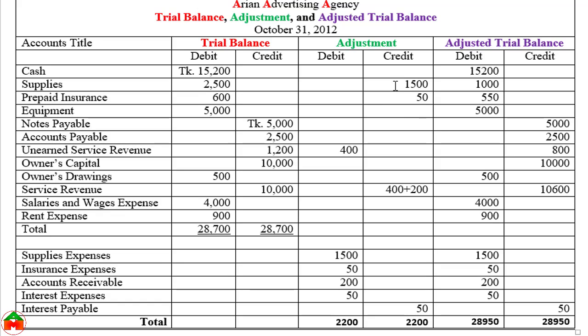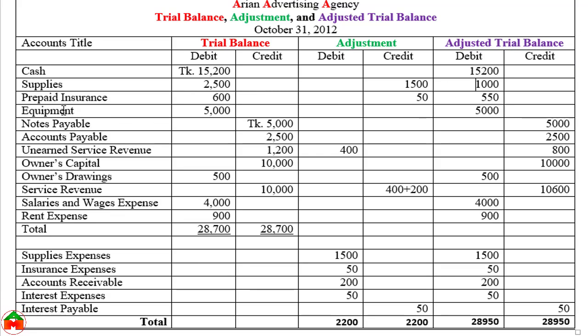We need to deduct this 1,500 because supplies is actually debit, but here it is credit. So we deduct this 1,500 from this 2,500, and the adjusted balance is 1,000.